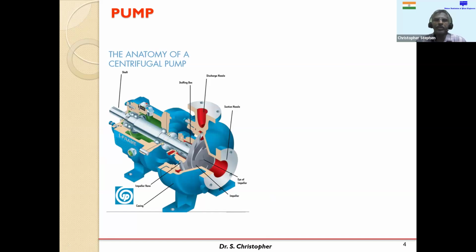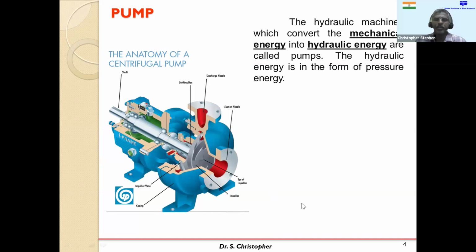As we all know, a pump is a mechanical device which converts mechanical energy into hydraulic energy. If you give it mechanical energy, it gives hydraulic energy. This is the basic definition of a pump.